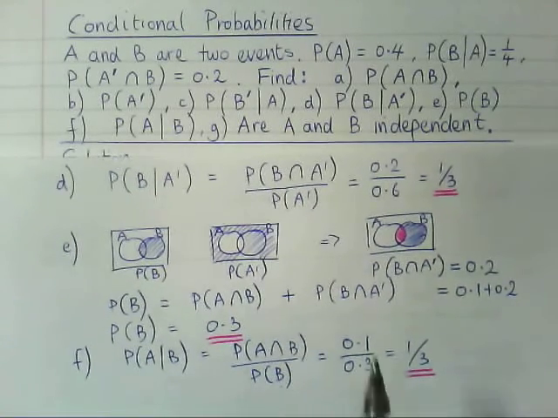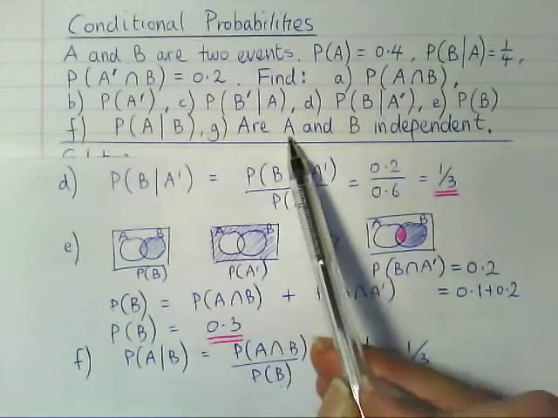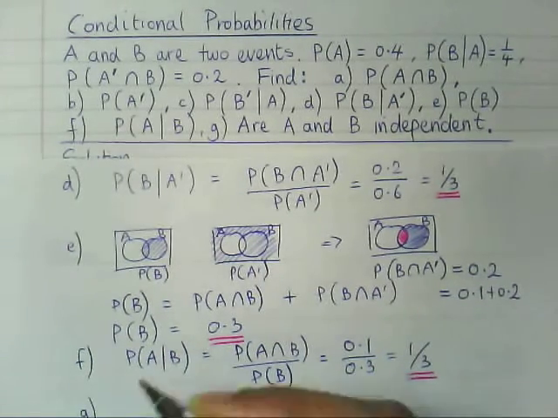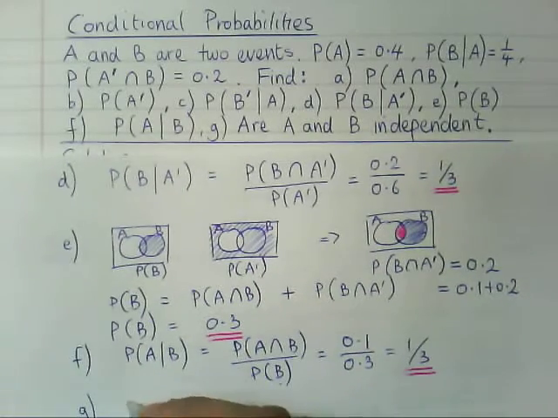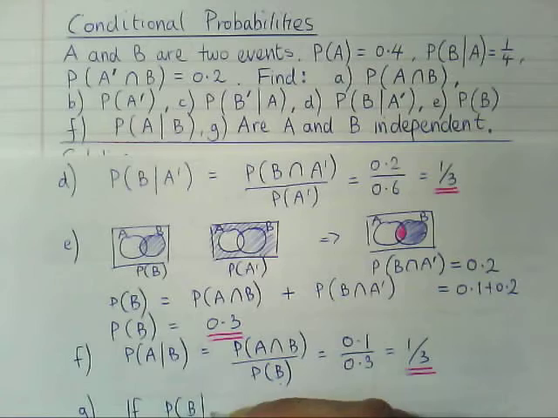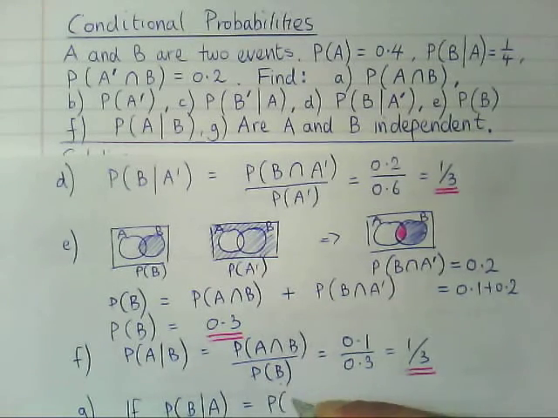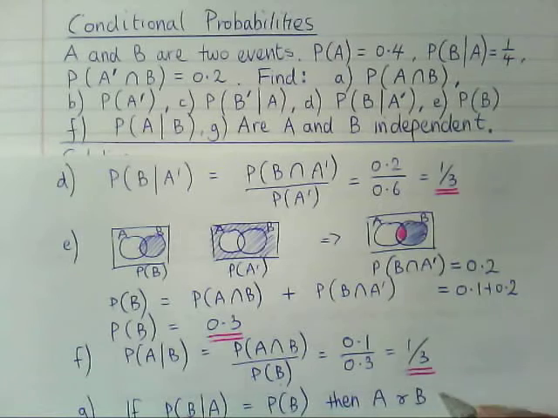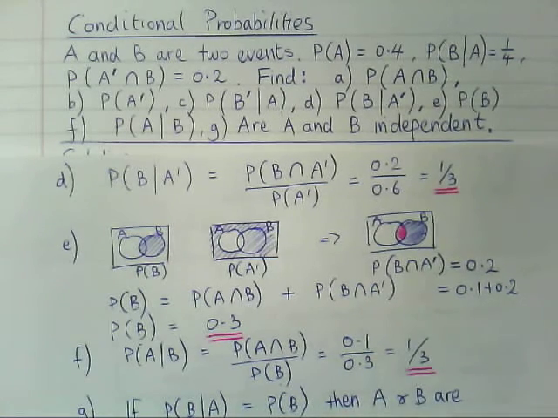Now for the last part, it asks, are A and B independent? Well, if the probability of B happening given A has already occurred was just the probability of B occurring anyway, then we could say A and B are independent.